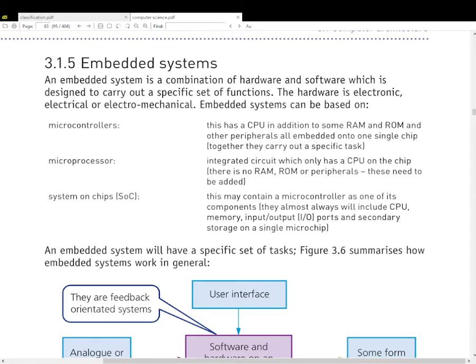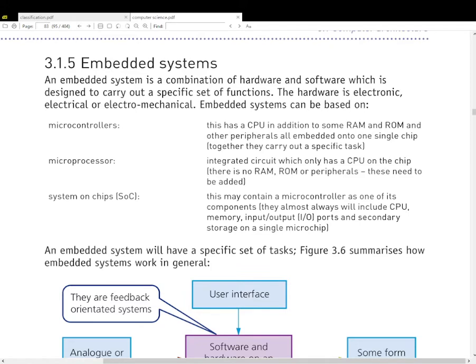So an embedded system is made up of hardware and software. Now, the hardware part, we've said it can be electrical or electronic, or it can be electromechanical. So it is important to have that in mind even as we set our mind into understanding what an embedded system is.